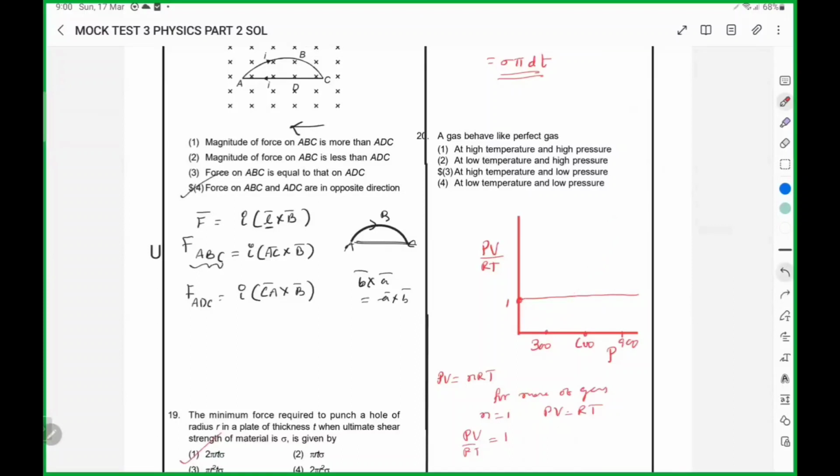As temperature increases, let us say it's 500 Kelvin, this graph will be closer to the ideal gas. Still the temperature increases.